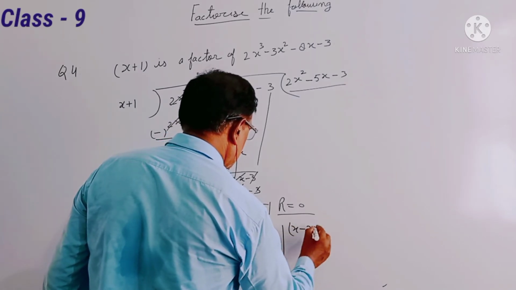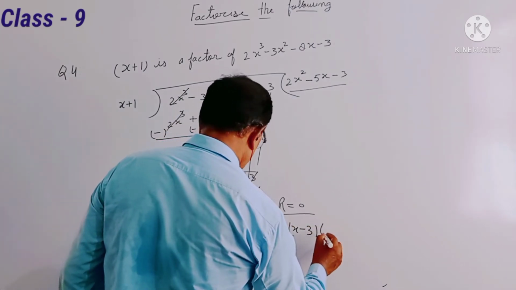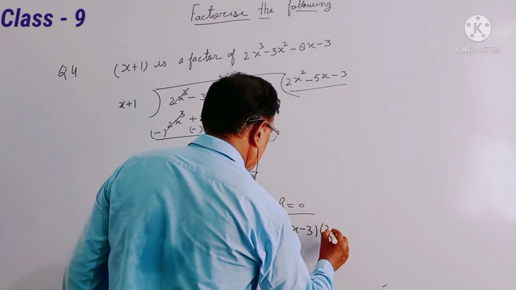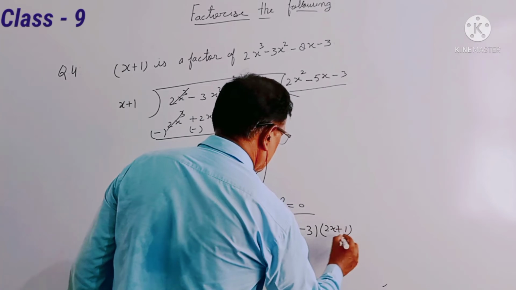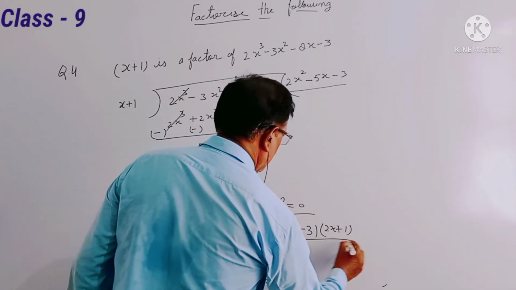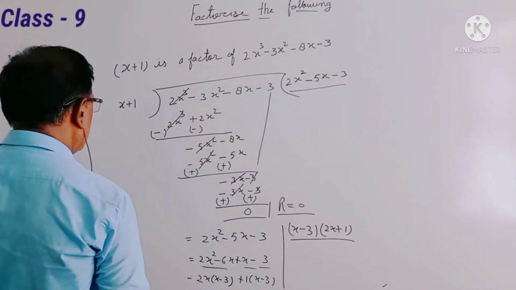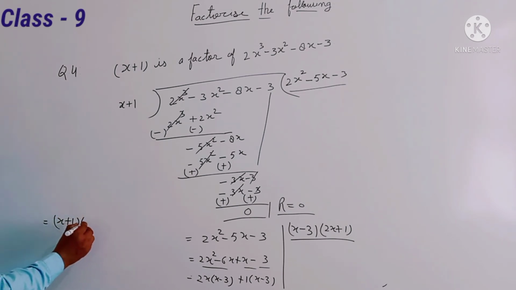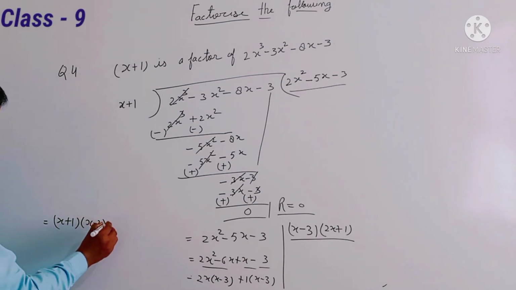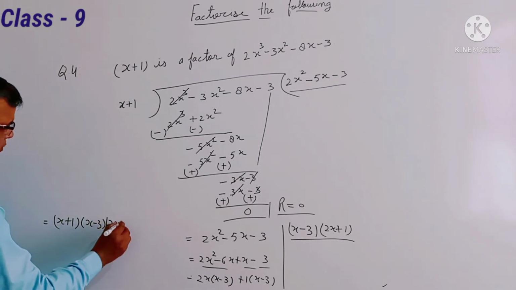From the first bracket we get 2x, from the second we get 1. Now we got the two factors, and one factor is given. Therefore, the factors will be x plus 1, x minus 3 and 2x plus 1.